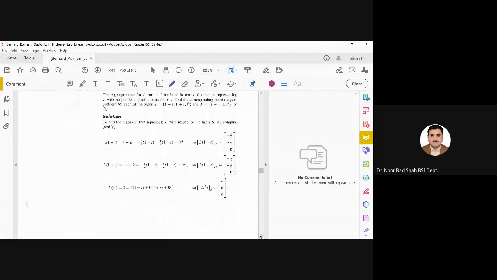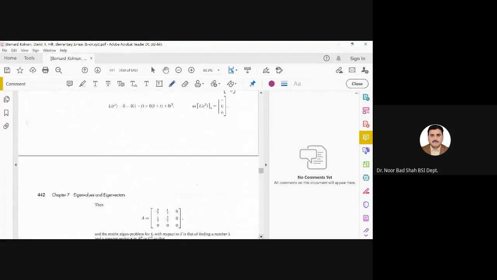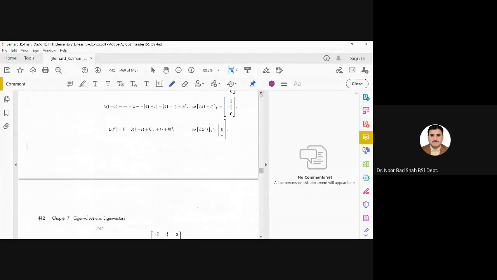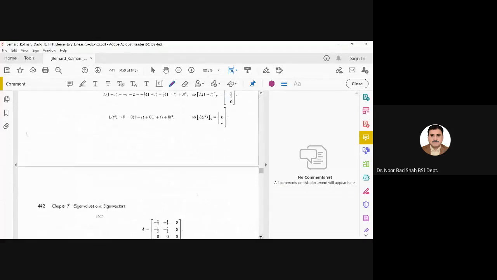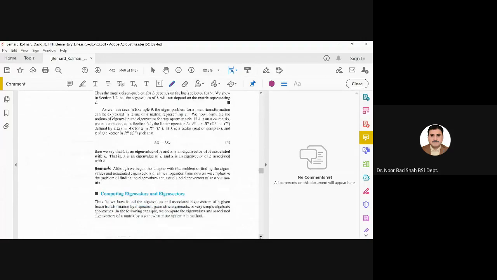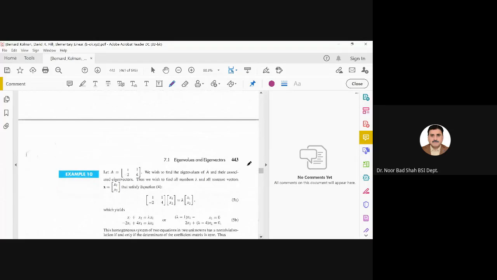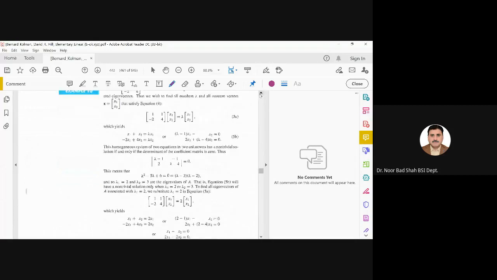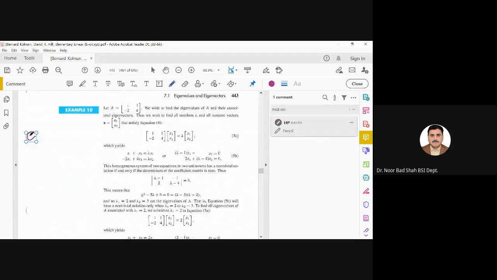Forget about these things, okay? From here, there are too many things which are not necessary. Okay, from here we can discuss it. If you want to find eigenvalues and eigenvectors of a matrix, we'll be given a matrix. Eigenvalues and eigenvectors.